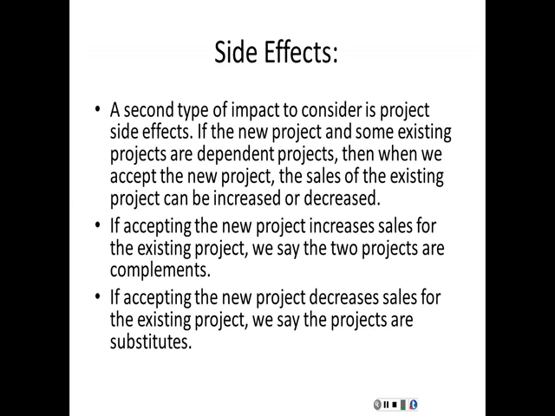If you see at the very bottom bullet point, if accepting a new project decreases sales for existing projects or products, we say the projects are substitutes. Now let's think of a positive. Let's not use Coke, let's use Nike Golf.